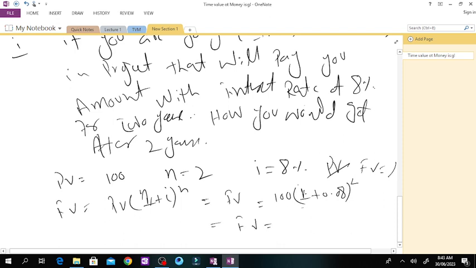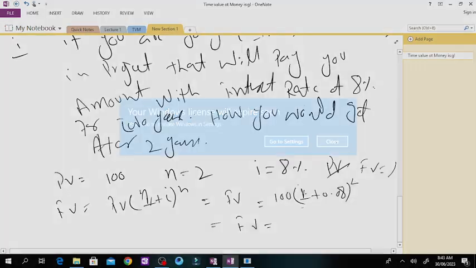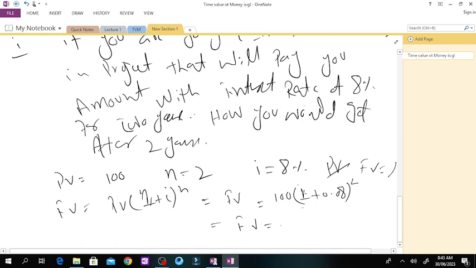So when you will solve this, you will get 116.64. This is the amount you will get.